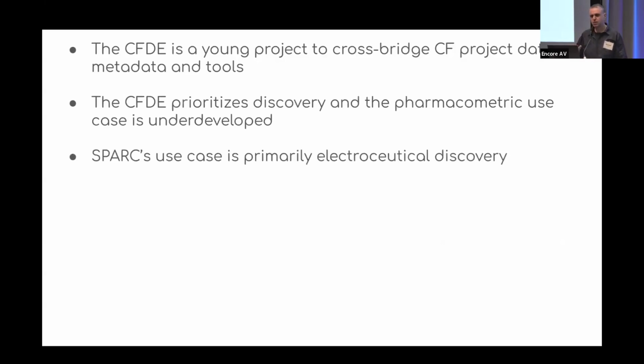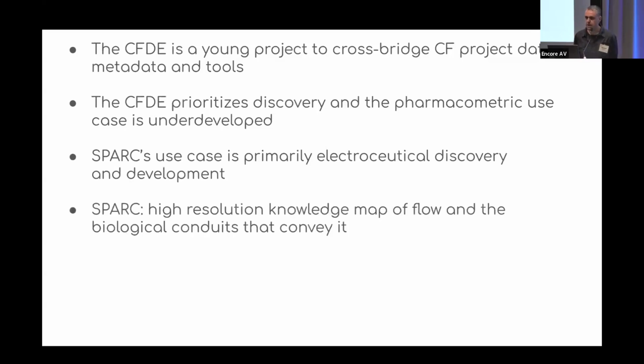Spark, as a project within the Common Fund, is what I would see as the closest neighbor to MPRINT, given that we are also directly involved in not only the discovery of important neural pathways, but also in the development of medical devices. And in that sense, there's much crosstalk that can happen between Spark and MPRINT. Not just that, but we organize our knowledge about autonomic function in terms of the effect of the autonomic nervous system on peripheral organs.